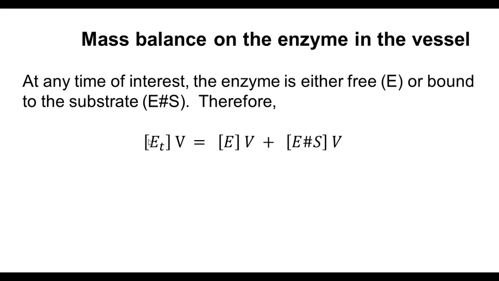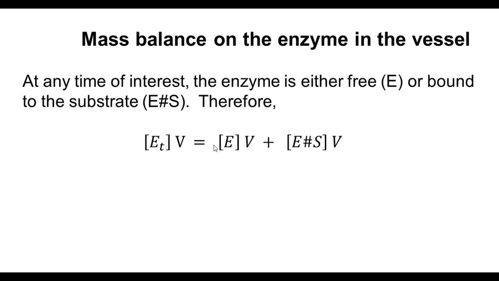The mass of the total enzyme is the mass of the free enzyme plus the mass of the enzyme that is bound to the enzyme substrate complex. Therefore, the mass of the free enzyme is the concentration of the free enzyme into the volume, the same volume as this, plus the mass of the enzyme associated with the enzyme substrate complex, which is the concentration of the enzyme substrate complex times the volume.